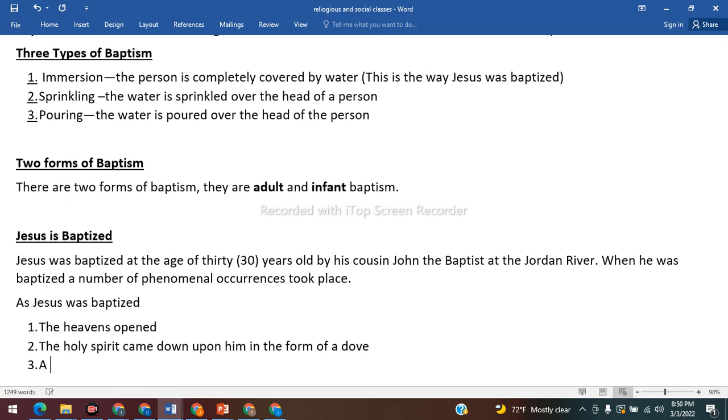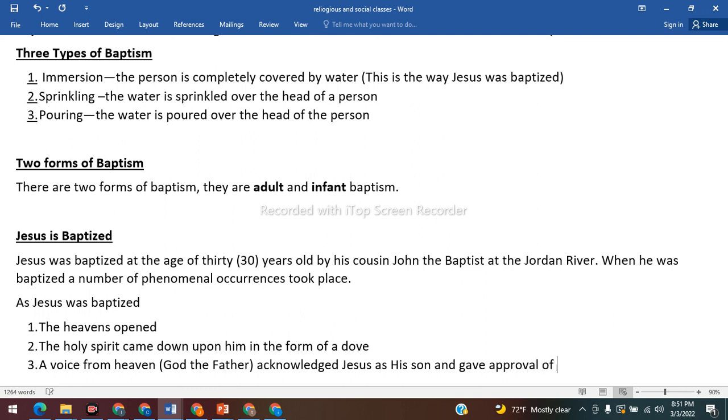Number three, a voice from heaven, that was God the Father, acknowledged Jesus as his beloved son and gave him approval.